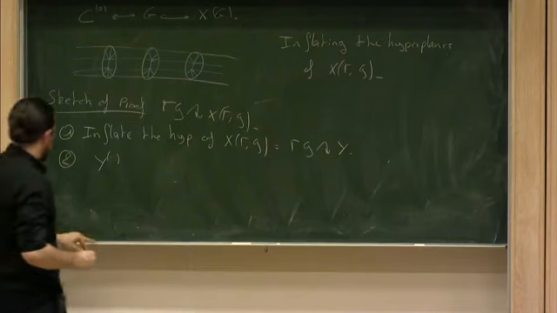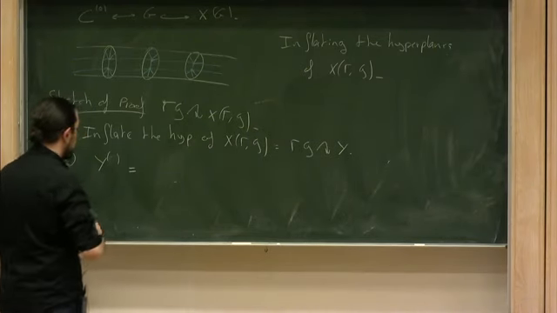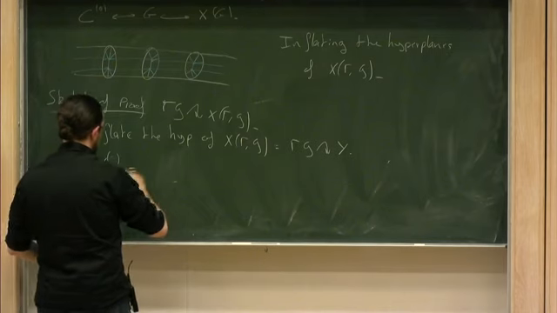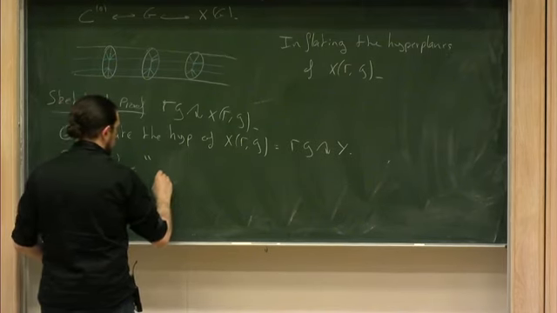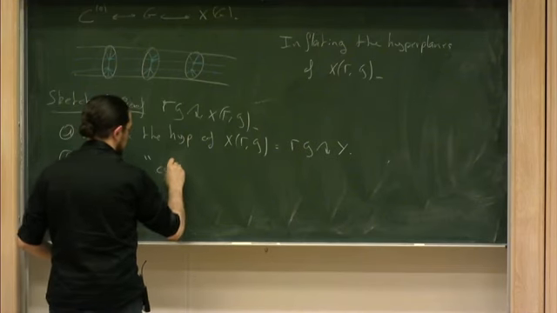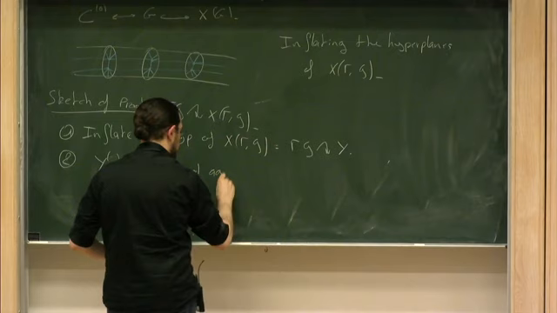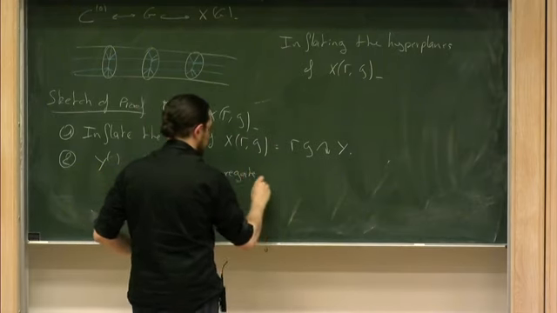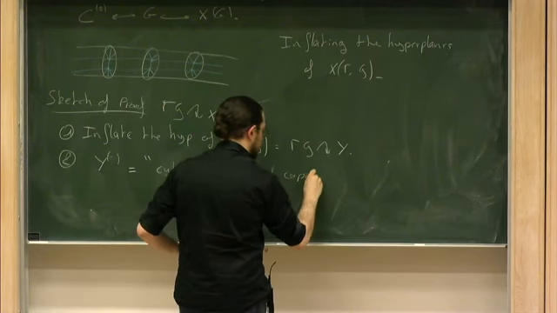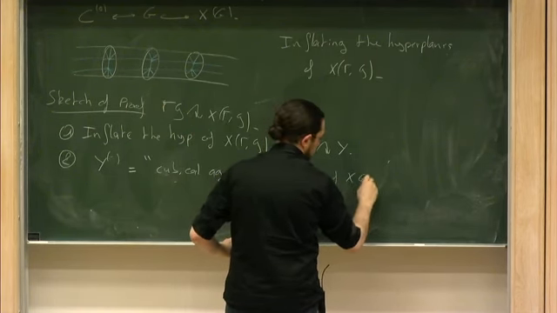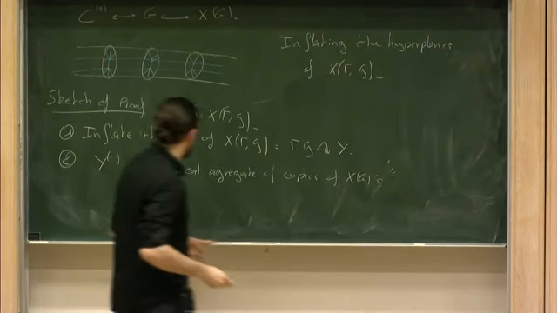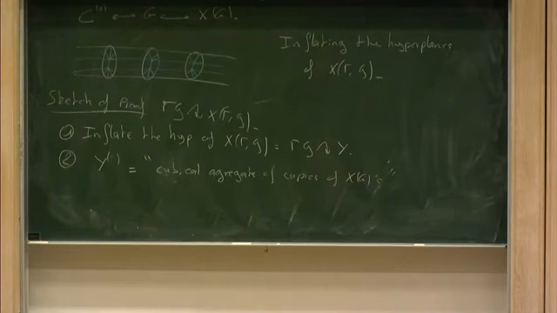So how to define such a metric? A good picture to have in mind is that the set of vertices of Y is naturally a kind of cubical aggregate of copies of X(G)'s. So what does it mean? To produce a CAT(0) cube complex, you take a collection of cubes, which are products of edges, and you glue them in a suitable way.